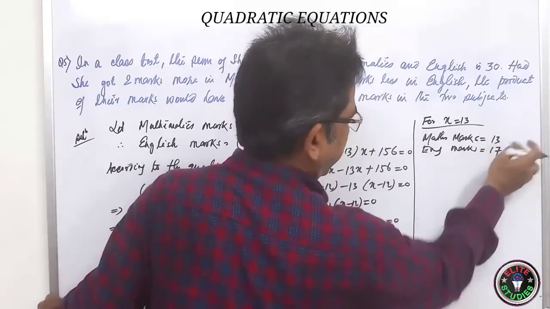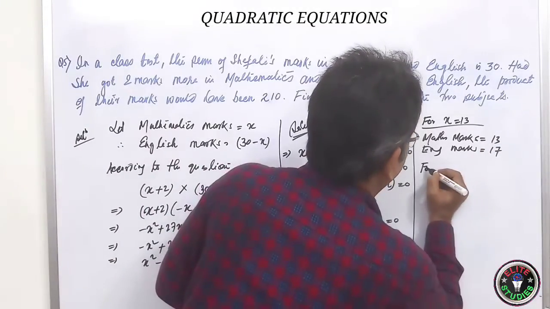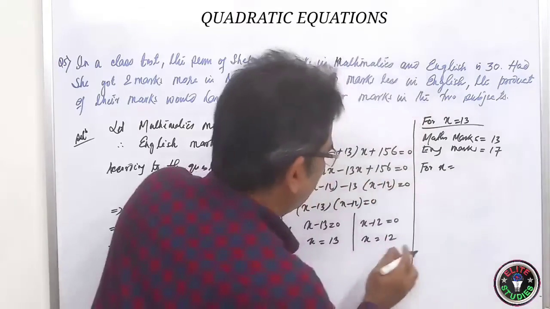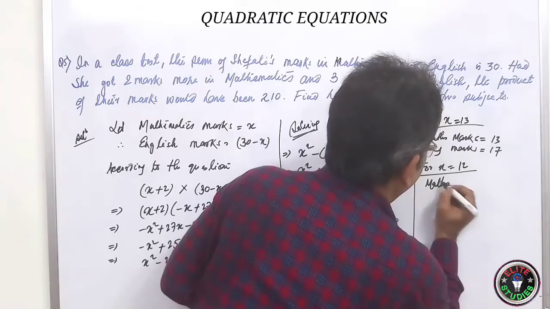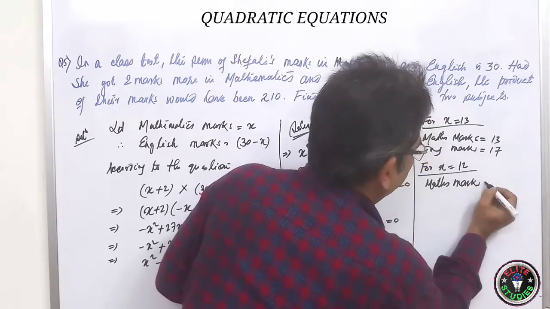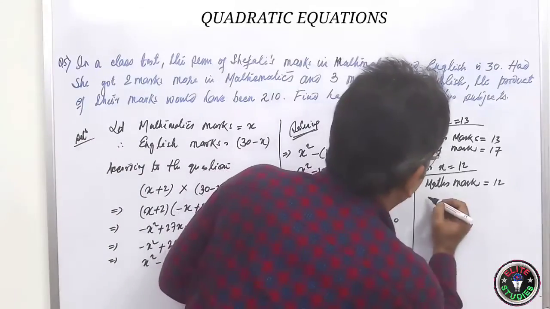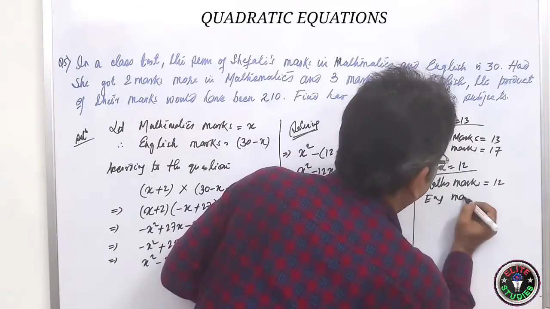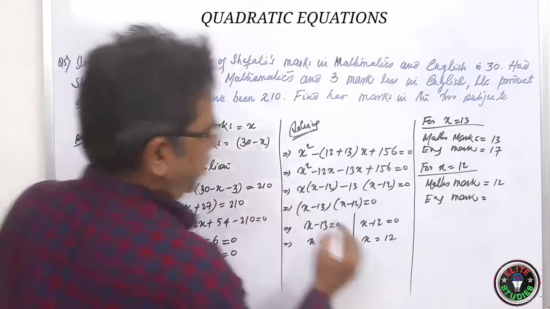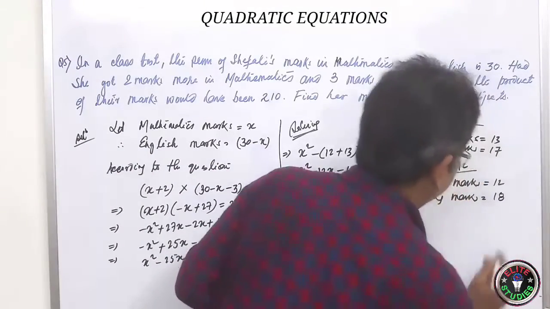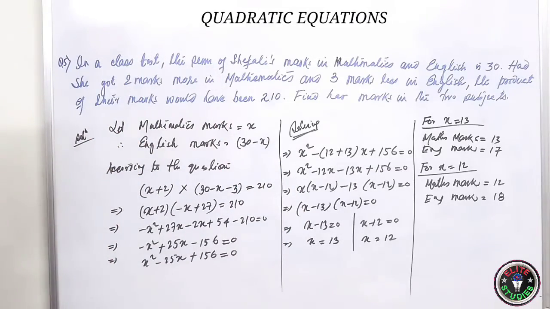Now for x is equal to 12, maths marks will be equal to 12, and English marks will be equal to 30 minus 12, so it will be 18. So there are two possible answers. You can check it.